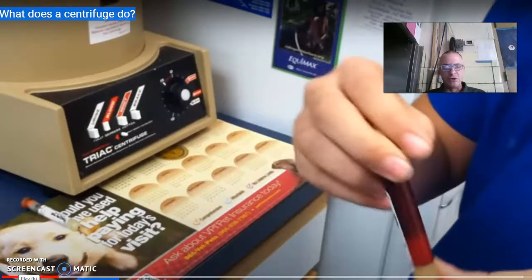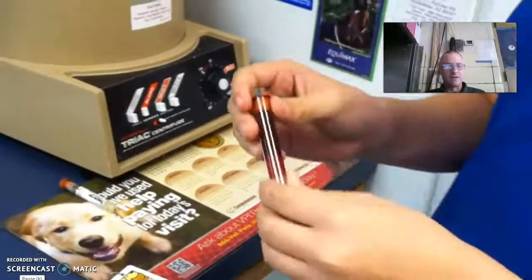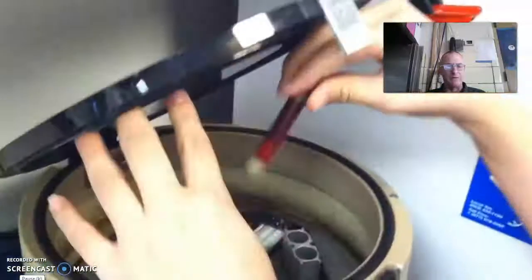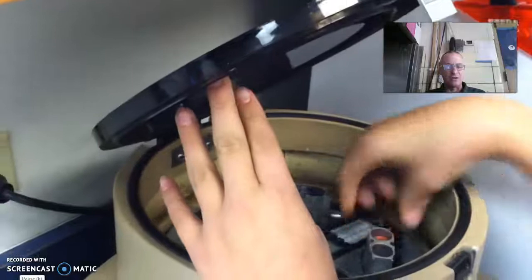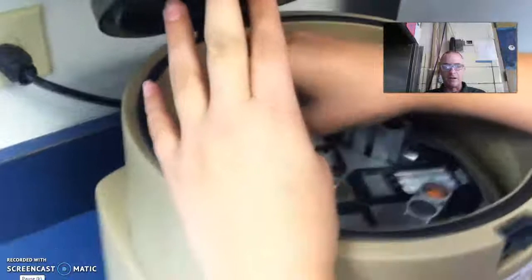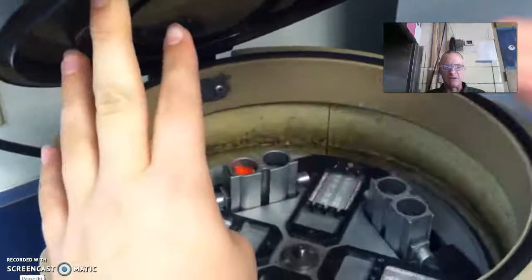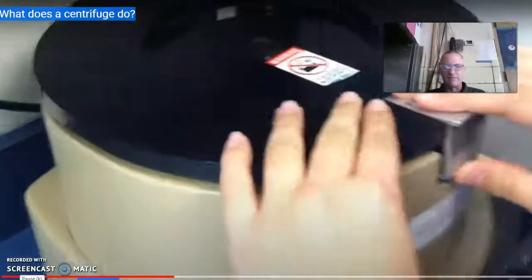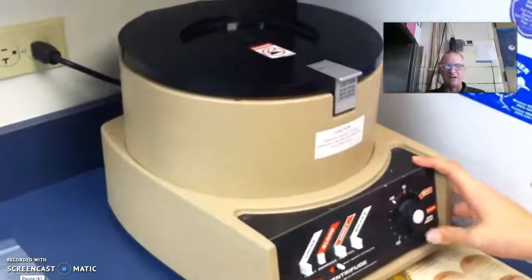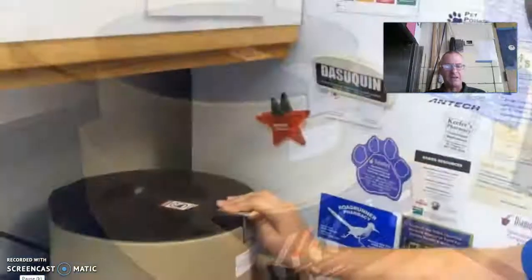I think that's a tube of blood. Centrifuges separate the plasma, the liquid part, from the blood. There's the centrifuge. Why aren't you wearing gloves? You're dealing with blood products. Where are your gloves? Do you have safety goggles on if it breaks and gets in your eye? And she's spinning it, spinning it.